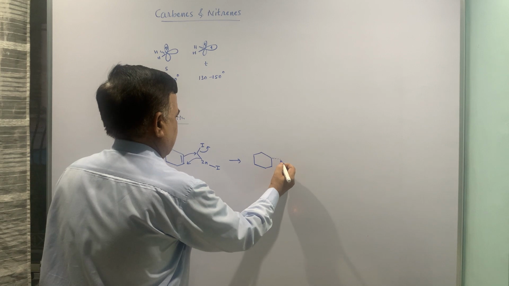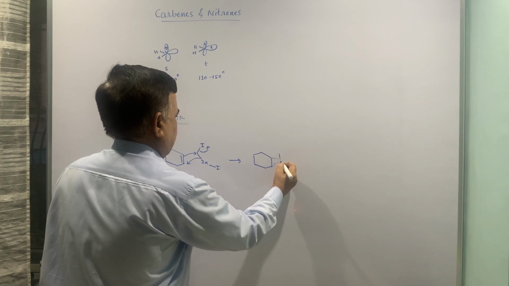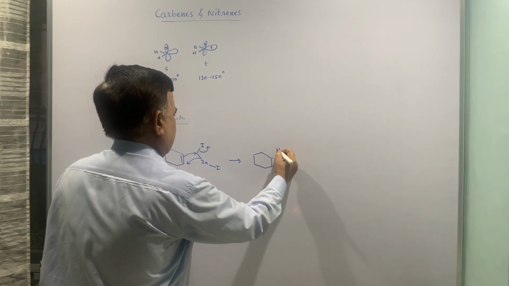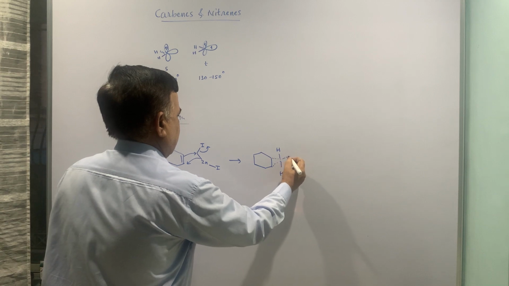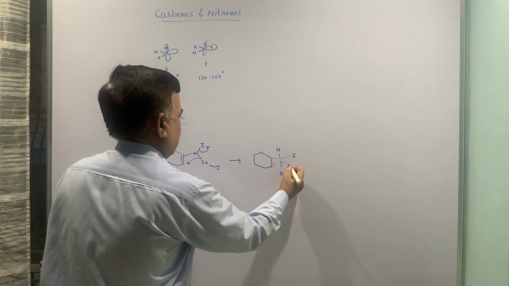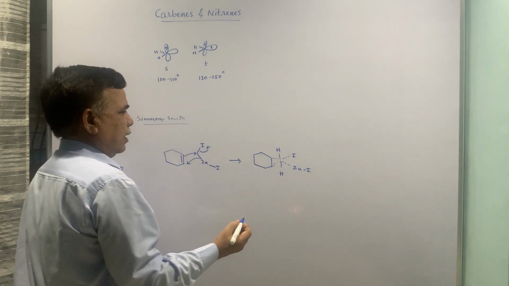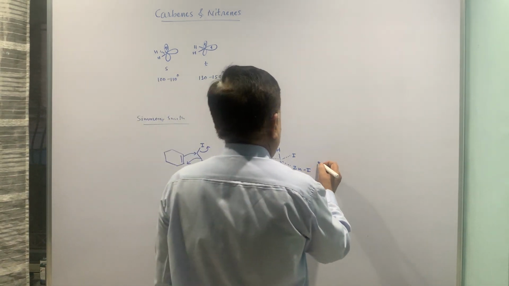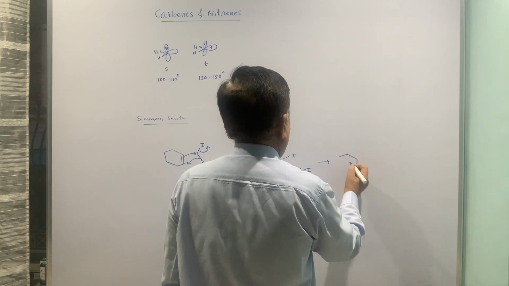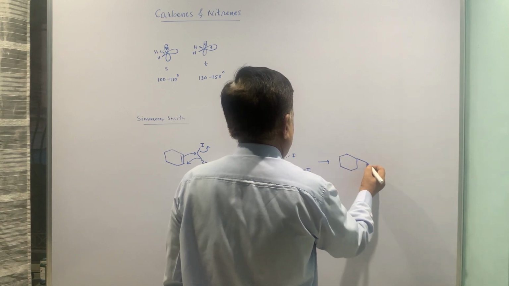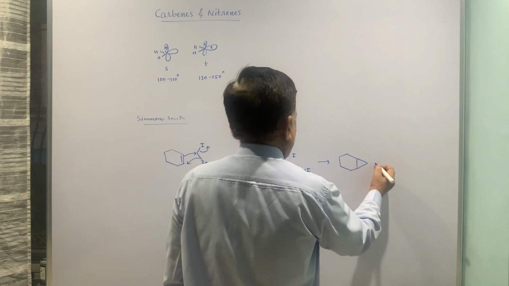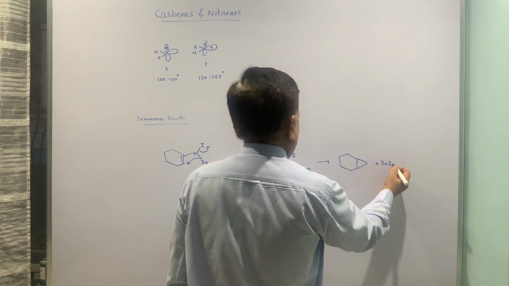Here you can have these hydrogens which are part of this, this is I, zinc and I, something like this, and then finally it breaks down into the product plus ZnI2.